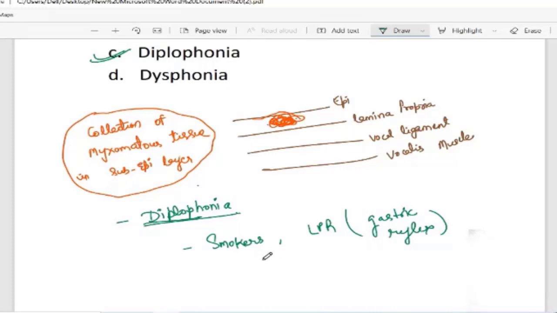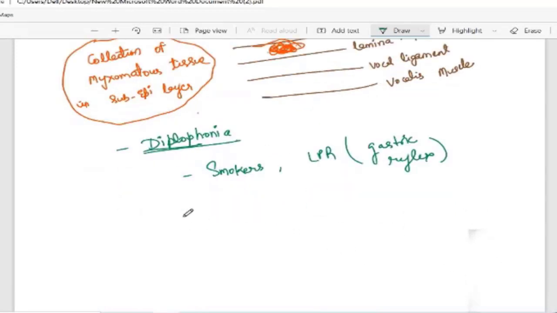So Rinke's edema is present in smokers. Its characteristic feature is diplophonia. It is a collection of myxomatous tissue in the subepithelium layer. And the treatment is to stop smoking, firstly, then PPIs, and if not resolving, then microlaryngeal surgery.